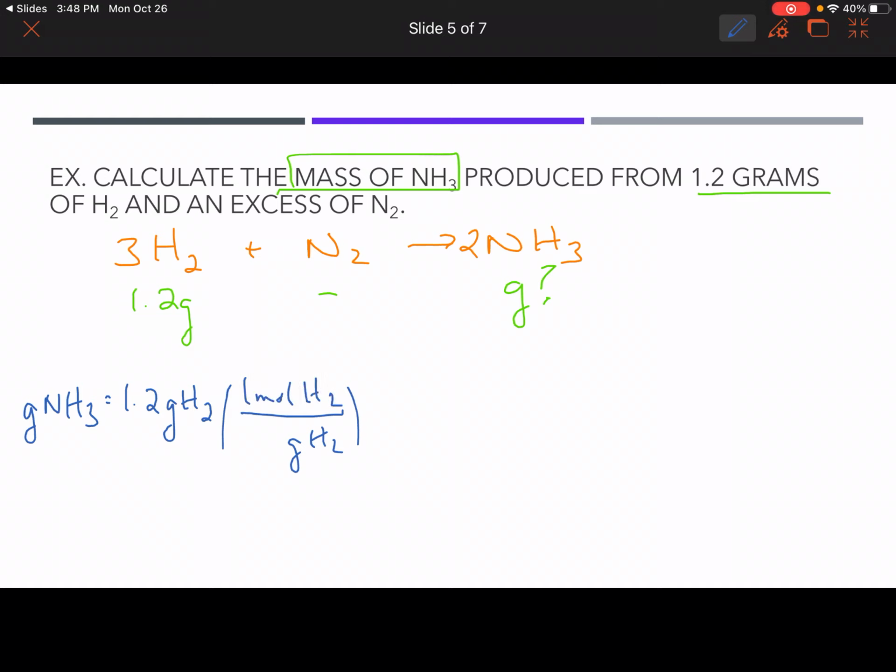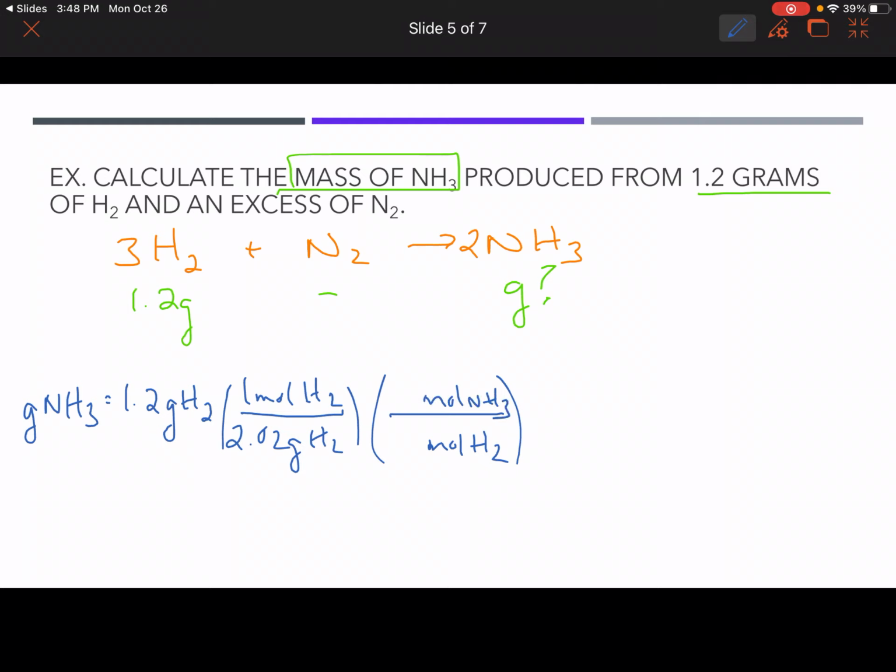So if you stop the problem right now, your grams of H2 cancel, you're in moles of H2. You don't want moles of H2, you want to get to grams of NH3, but before you can find grams of NH3, you have to get to moles of NH3. So moles of H2 goes on the bottom, I want to get rid of that. Moles of NH3 goes on the top, and now I look at the ratio between them, and it's going to be 2 to 3. Okay, so that is the mole ratio in the middle there, 2 moles of NH3 for every 3 moles of H2.